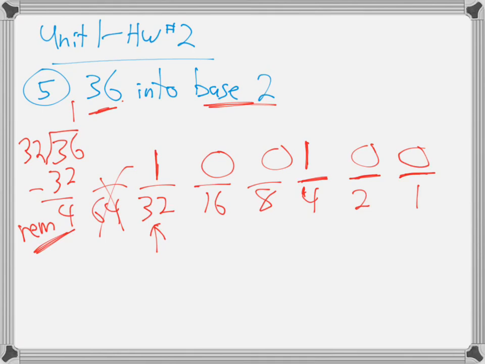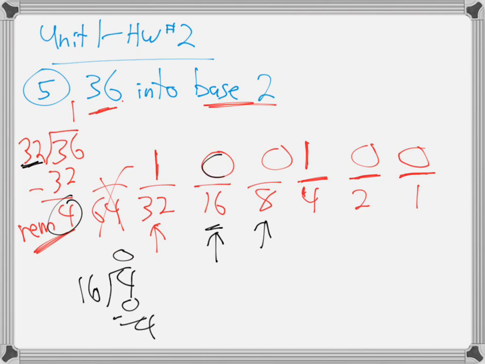I mean, you could have gone through the formalities if that bugs you when I changed up the plan. If you wanted to be formal about it, normally what you would do next is you'd say, okay, I got 4 left, and then I'm supposed to try to divide 16 into 4. Remember, these numbers go on the outside, like the 32 went on the outside. That would go in 0 times, and then you'd have a remainder of 4, so there'd be a 0 there.